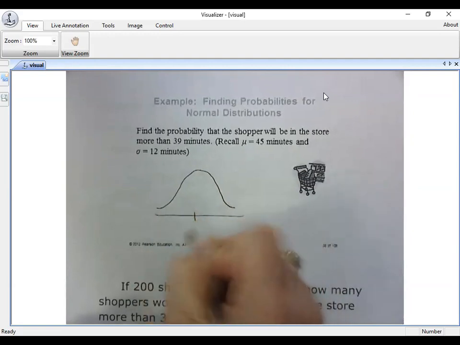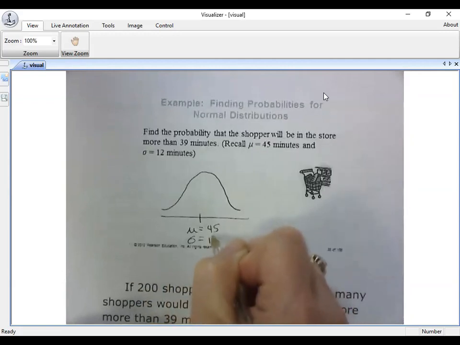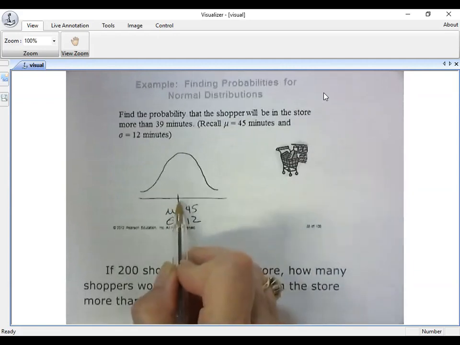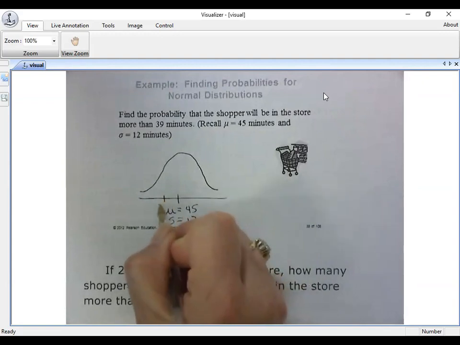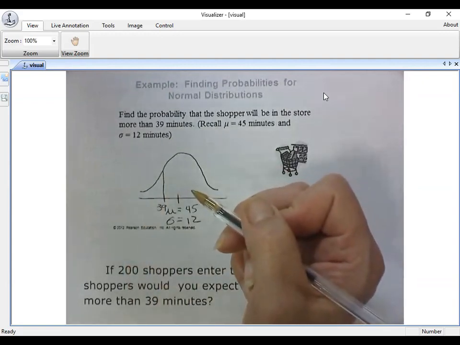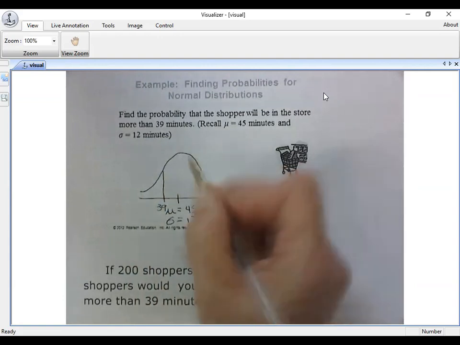Did the mean change? No, nor did the standard deviation. But I want to know the probability that a shopper would be there more than 39 minutes. Now, 39 is to the right or the left of 45? Left. And if I want the probability they're there more than 39 minutes, which way do I shade? To the right.